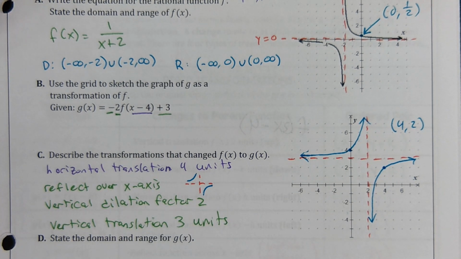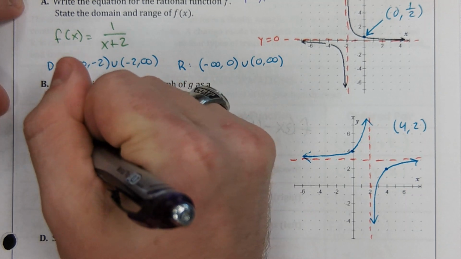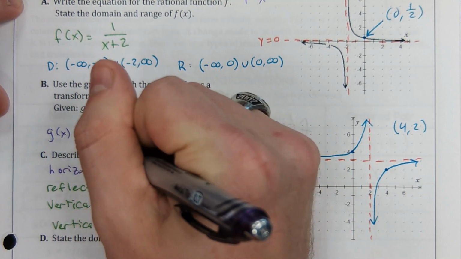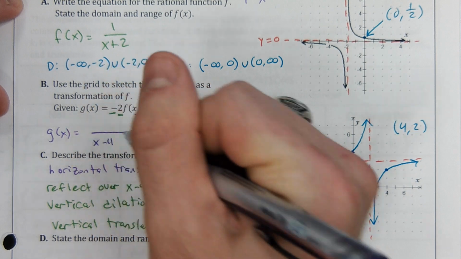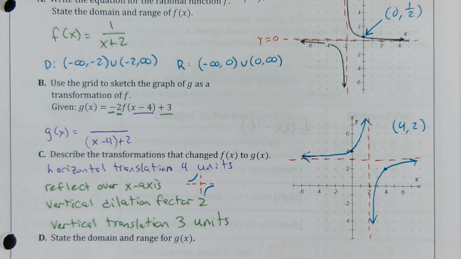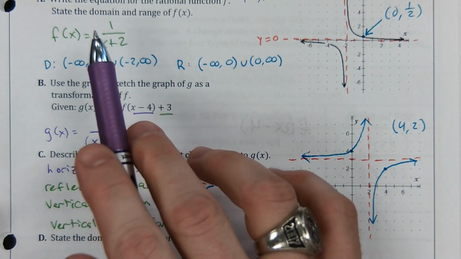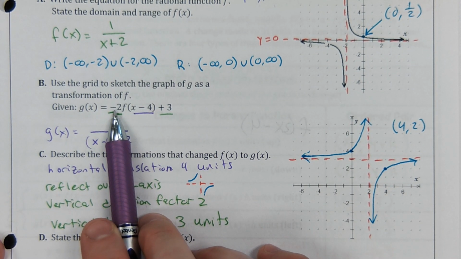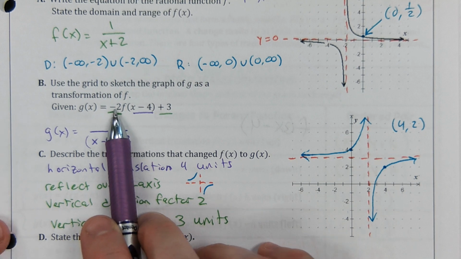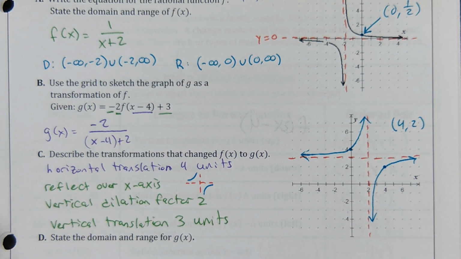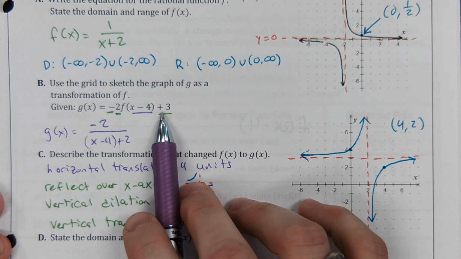So your g of x, where you used to have an x, you're going to drop in an x minus 4. There used to be an x on the bottom, but there is still a plus 2 there. This used to have a 1 on top. This says, no. You're going to multiply those y values by negative 2. All right, well, 1 times negative 2 is negative 2. And then shift up 3.